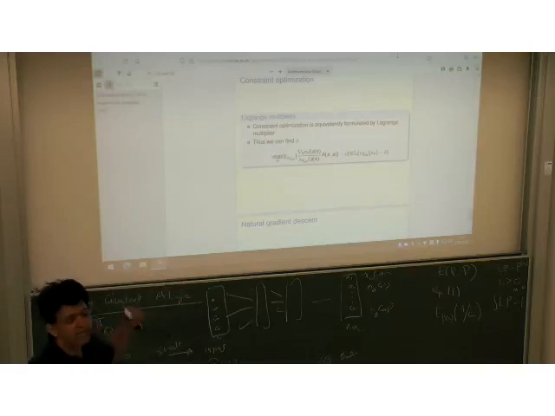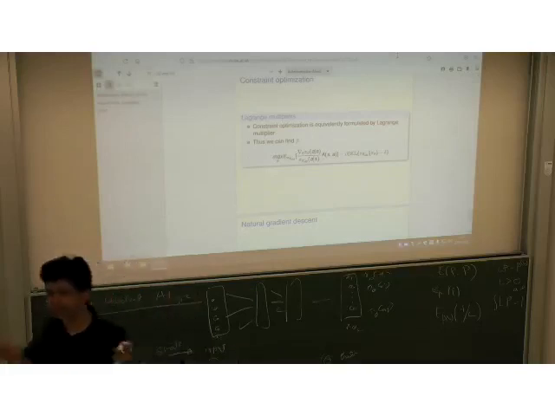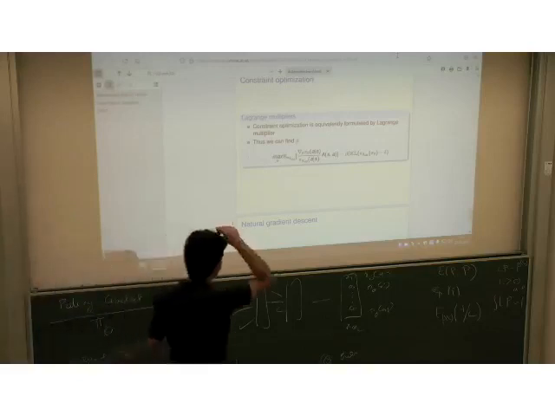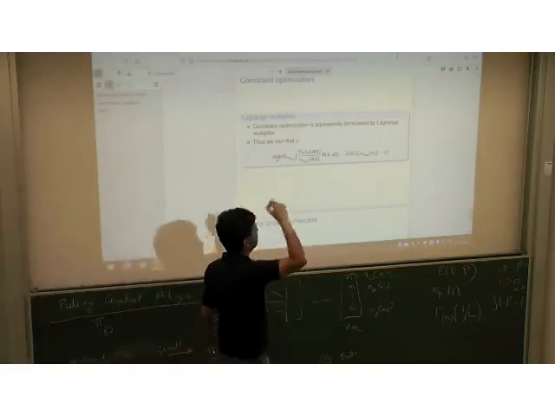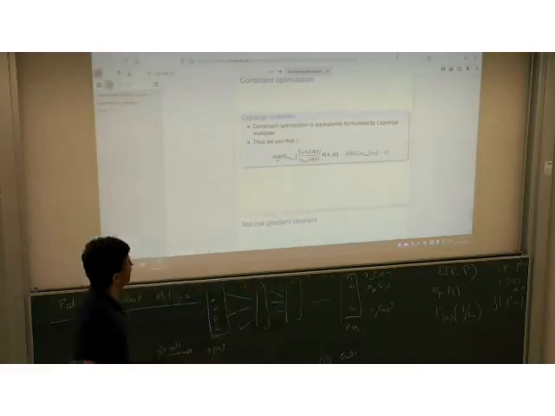So you have added one more parameter to your optimization space, namely beta. So you can convert a constraint optimization problem into a normal optimization problem by adding a new parameter. In certain cases, you can compute this parameter, fix it, and then just maximize. These are two ways of looking at it.